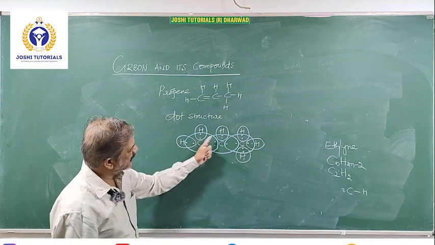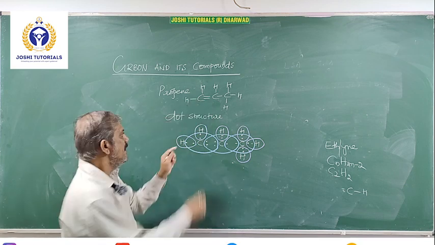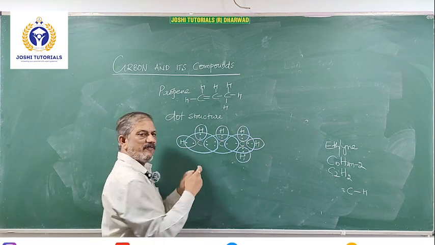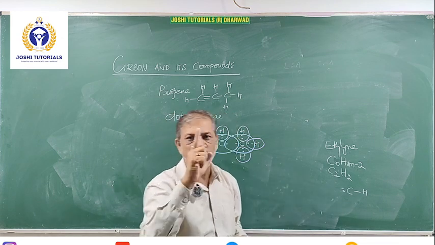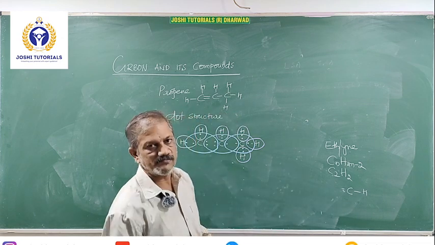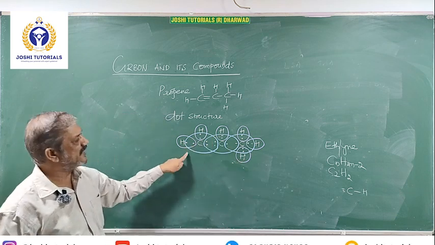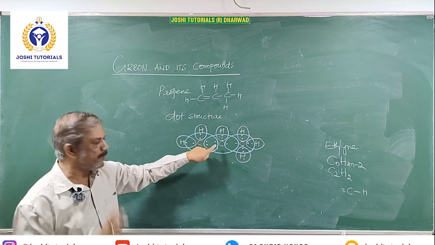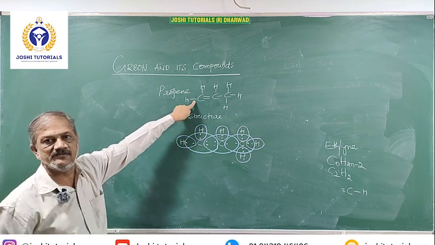It is called the electronic dot structure. First, you must draw the structural formula. Accordingly, you go on giving electrons. Carbon you must show 4, hydrogen you must show 1. In this way, you must be able to understand this. To draw the dot structure perfectly, you must write this.